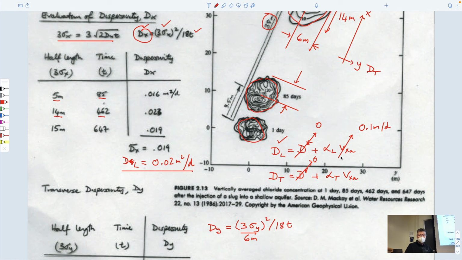This has to be the velocity in the x direction because the velocity in the y direction, perpendicular to it, has to be 0, just by being orthogonal. So this is the advective velocity in the downstream direction, the maximum. They're the same.